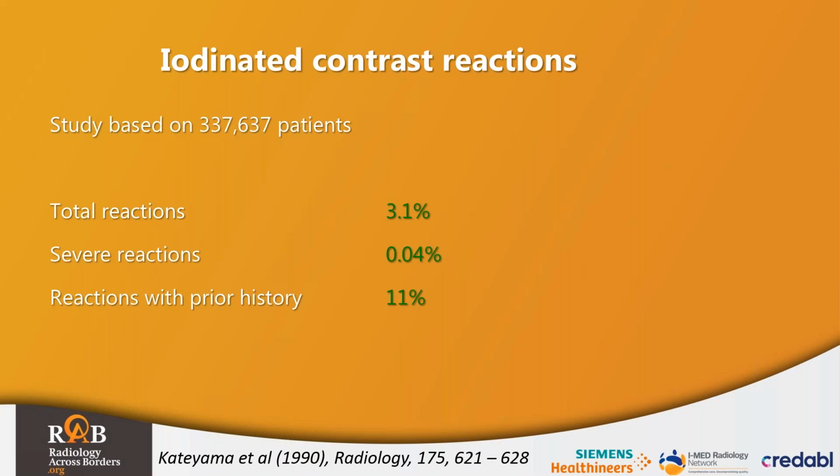Of people that had a prior reaction, there was 11%. Some other interesting points the study made were that severe reactions were most common in the age 20 to 29 group, followed by the ages 30 to 39 and 10 to 19. Also, it was rarer after the age of 50.